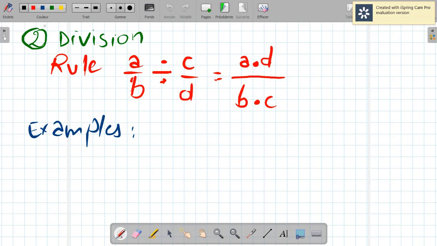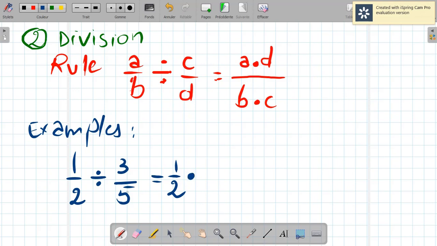Let's give an example. Imagine that you have, again, 1 over 2 divided by 3 over 5. What you're going to do is take the first rational number and write it back here, and multiply by the second rational number flipped.